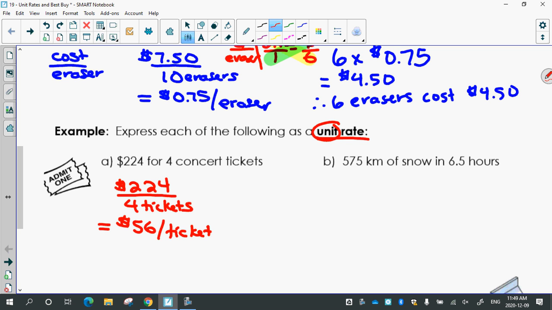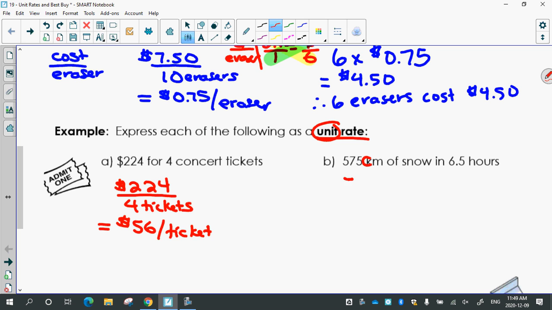575, that's got to be centimeters of snow. Sorry about that. Typo. 575 centimeters of snow in 6.5. Oh no, that's still a lot. But we'll see. 575 centimeters of snow in 6.5 hours. So we would think, yeah, kilometers, we'd be like buried. So we would want to know how much does it snow per hour.